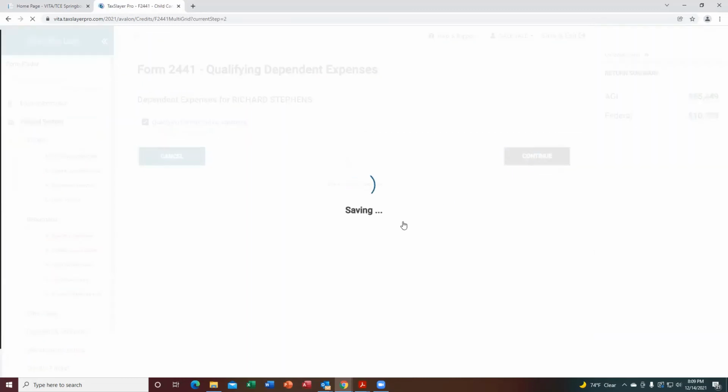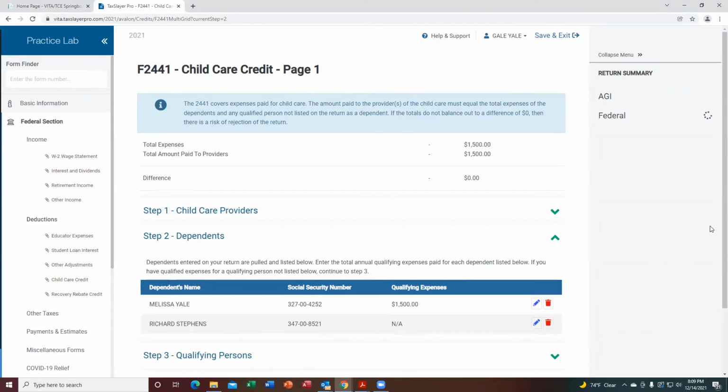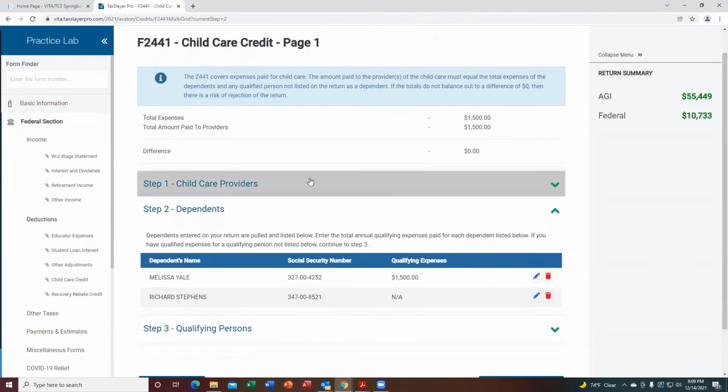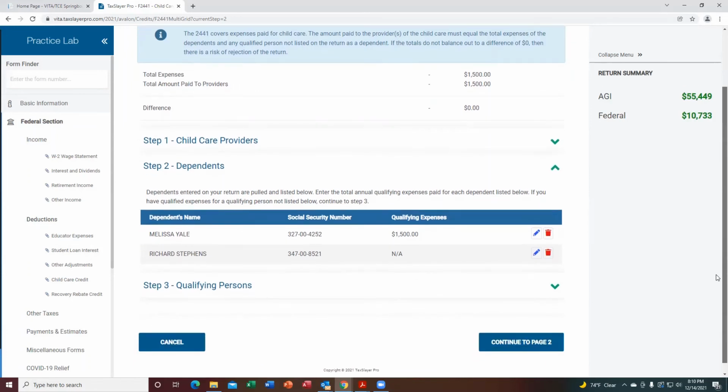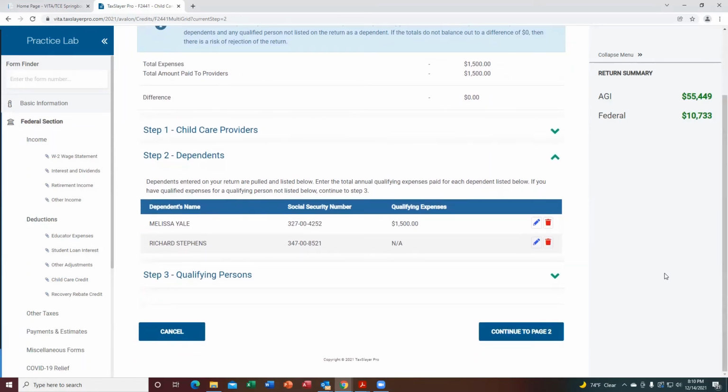And again, that's a proper thing to do because he did appear on the list. So you cannot get out of this form if you have a difference. So whatever you set up as expenses for the facility must be distributed to a dependent. So that's how you get a zero difference here. Again, if you get anything there, it's going to give you an error message. It will not allow you to continue.